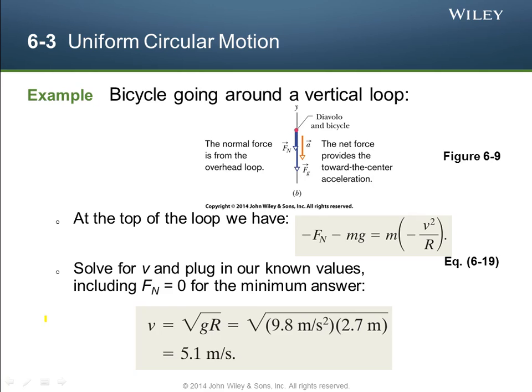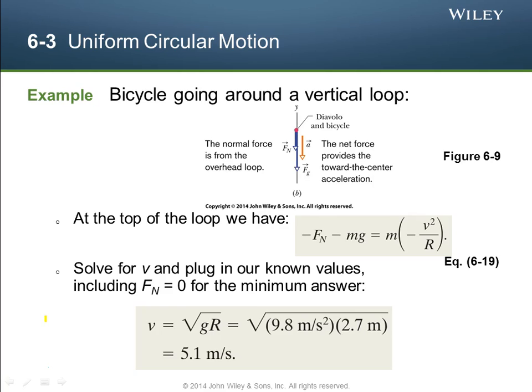A couple of unique situations that we need to look at here are vertical circular motion and going around some banked curves. So a bicycle that goes around a vertical loop is going to experience that centripetal acceleration, but the difference here is we have gravity that comes into play.